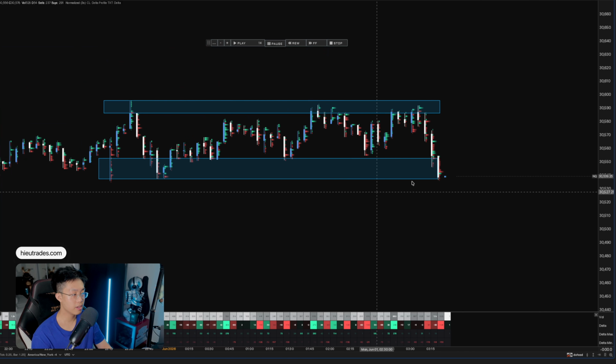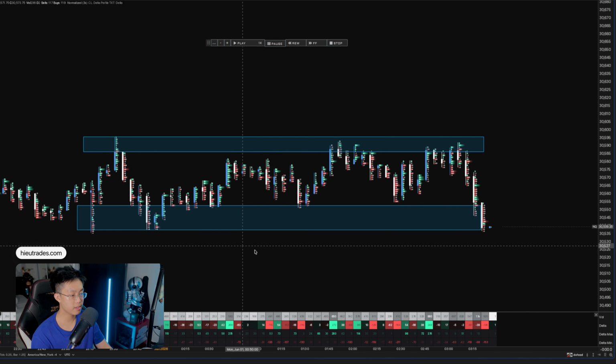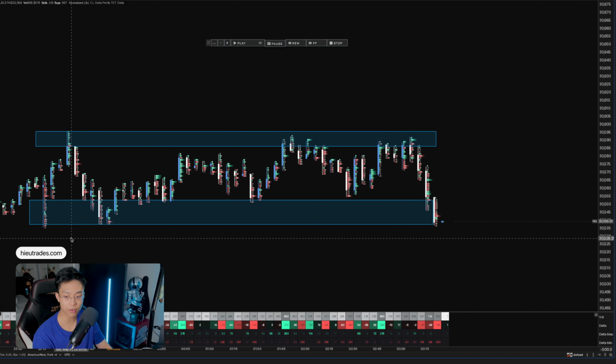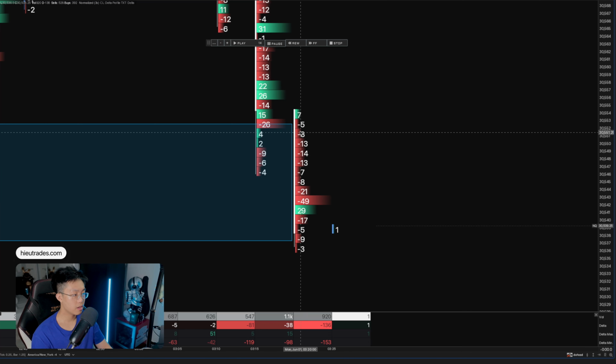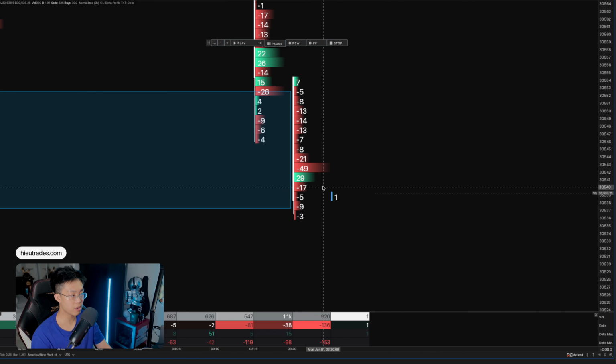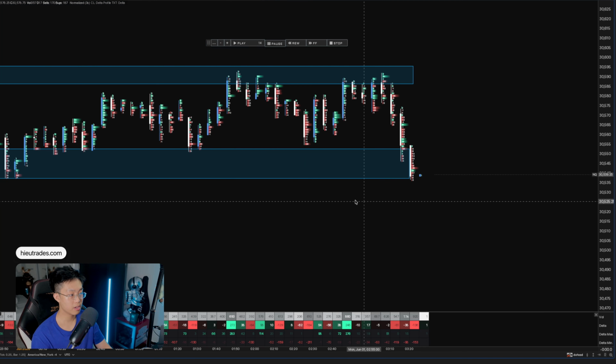Next candle. This candle is different to all of these candles. The reason why is because even though we haven't broken out of this range fully, you have strong selling, buying absorption, strong selling. They're all getting rewarded, right? All of this strong selling is getting rewarded, especially at this level over here.